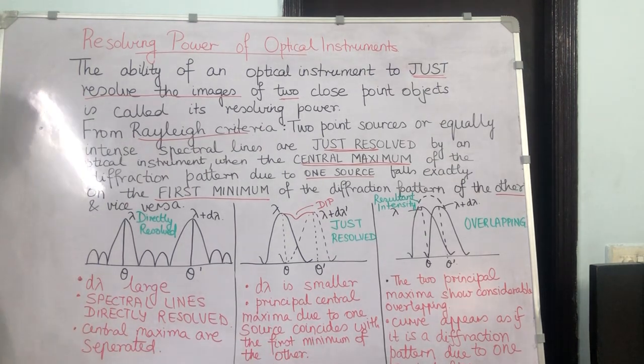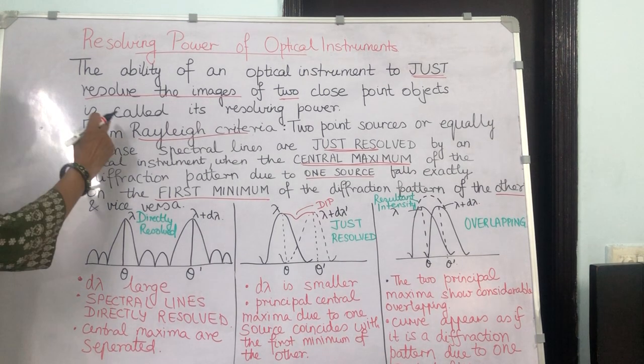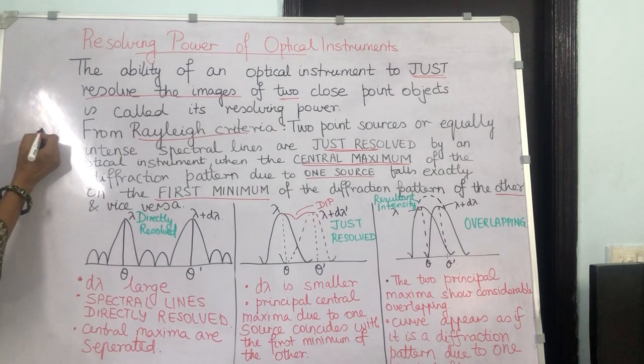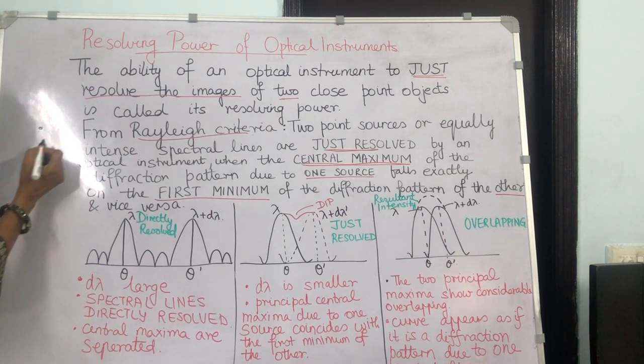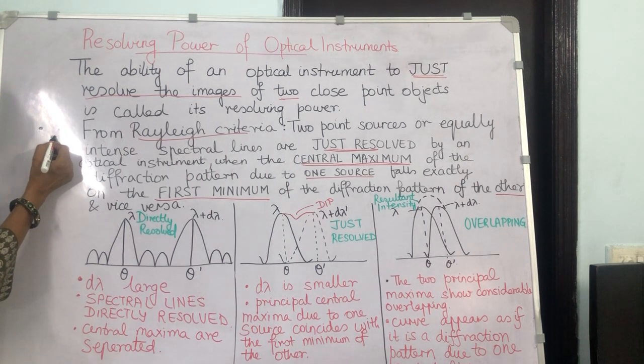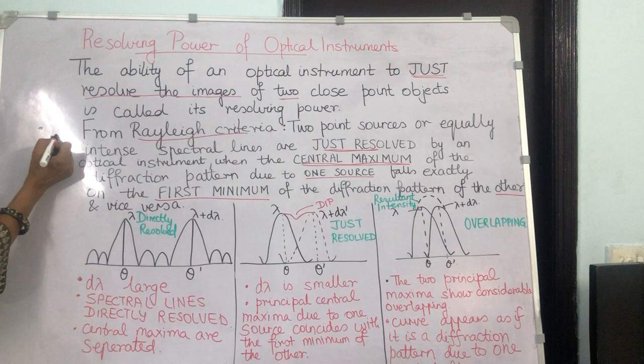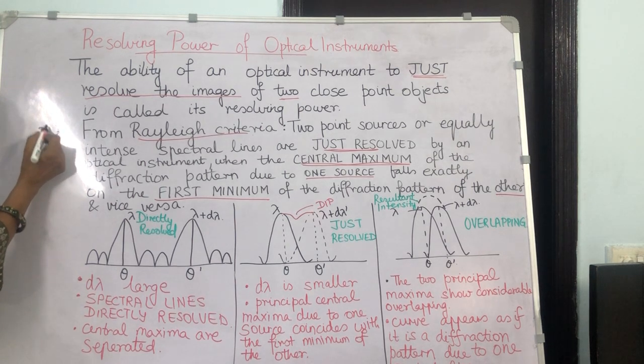The ability of an optical instrument to just resolve the images of two close point objects is called its resolving power. Suppose you are seeing these two images, they should not be overlapping each other. They should not be getting formed one on top of the other. They should be clearly resolved, so that you are able to see them as separate.